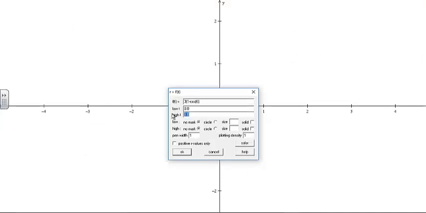I'm going to go between 0 and pi over 2, which is 1.570795.